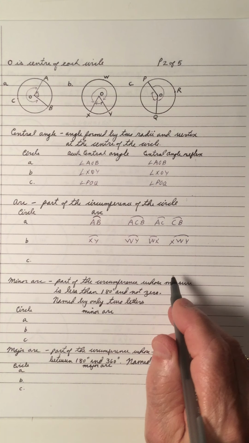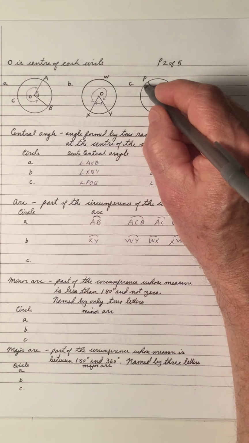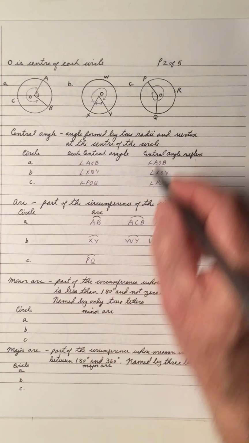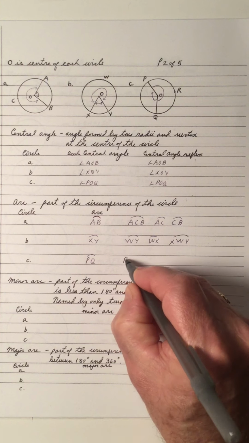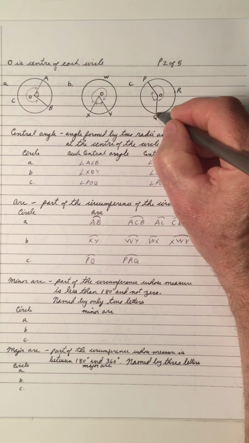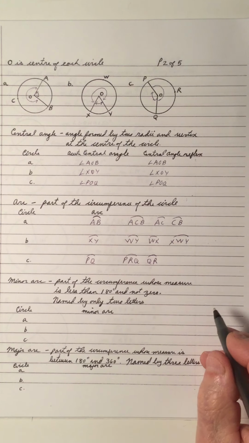As long as you have two points on the circumference, you'll have an arc. And in circle C, we have the arc PQ, just naming a few. PRQ is this arc right here. Or we could have the arc QR. As you can see, there are many arcs.